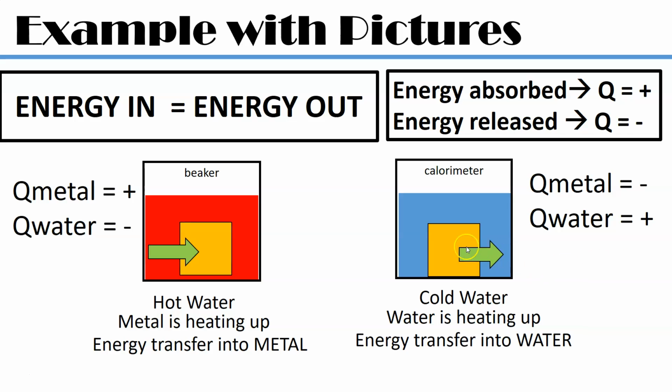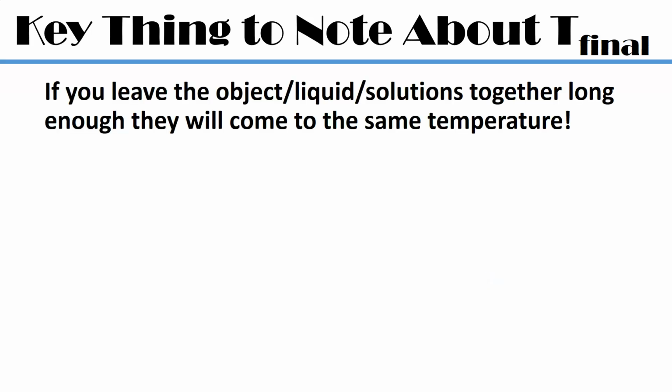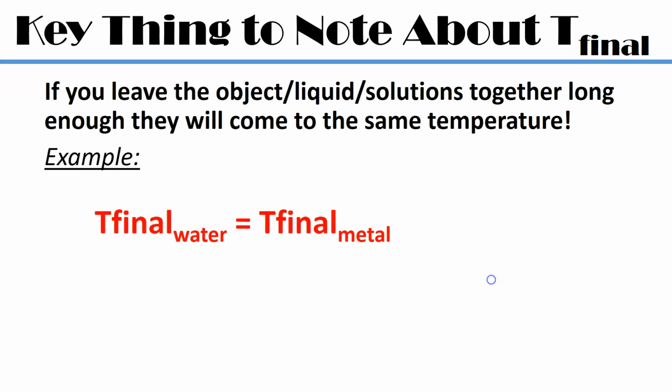Now, if I leave this piece of metal in my calorimeter long enough, the metal cools down, the water heats up, and eventually, if I wait long enough, the final temperature of the water is going to equal the final temperature of the metal. We say they equilibrate.